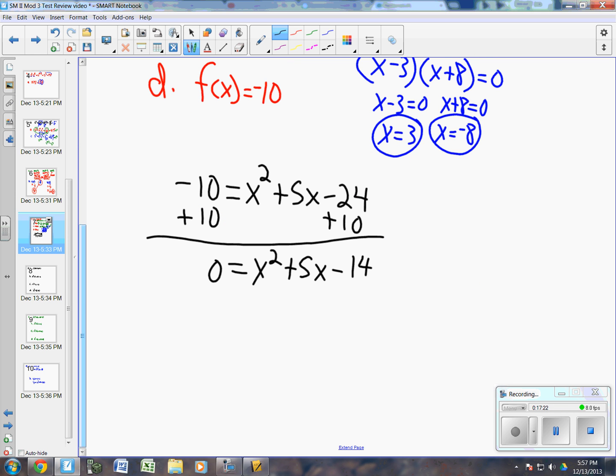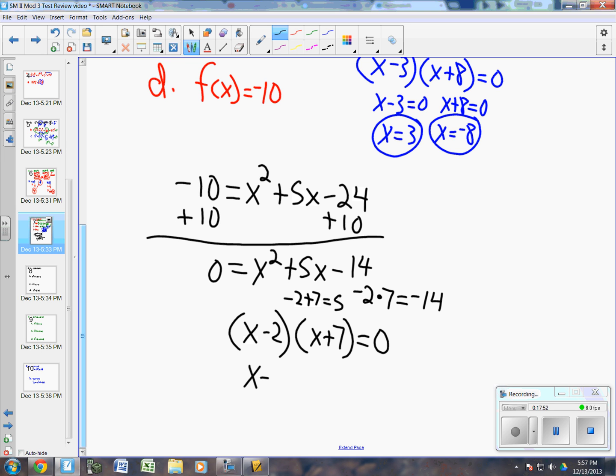And we can solve that. We can see if it factors, and it does, because I can see that negative 2 times positive 7 would make a negative 14. And I can also see that negative 2 plus 7 equals 5, which is the middle term. So negative 2 and 7 are my two answers. So x minus 2, x plus 7 equals 0.